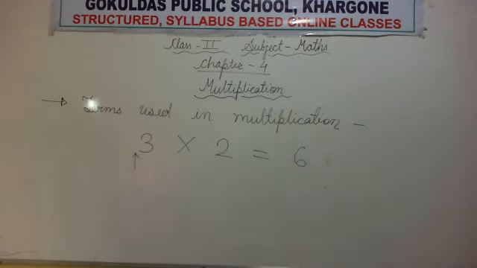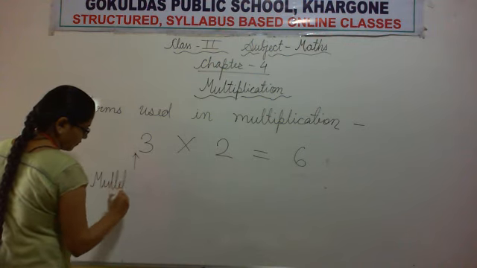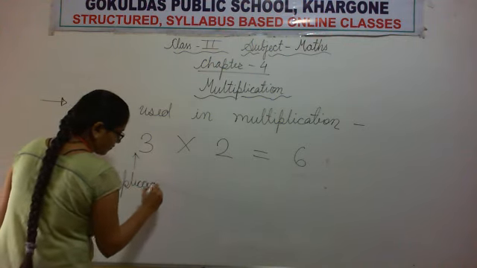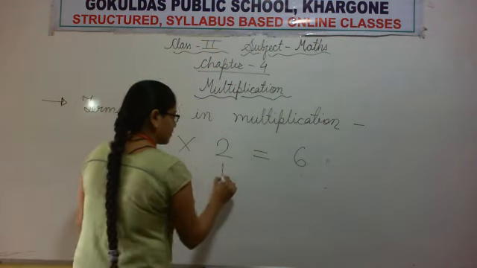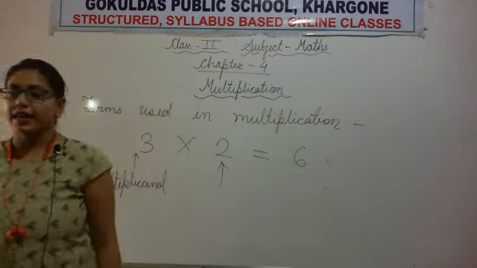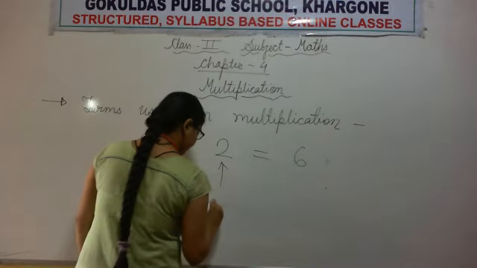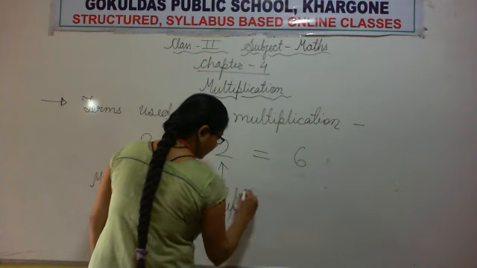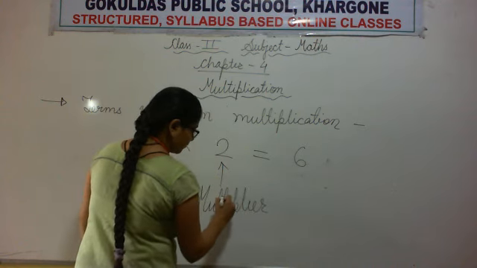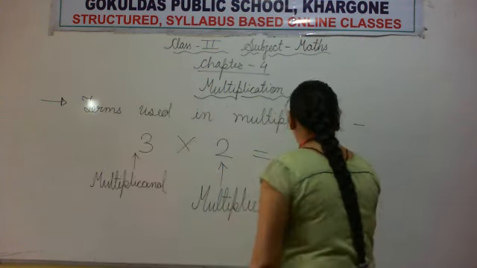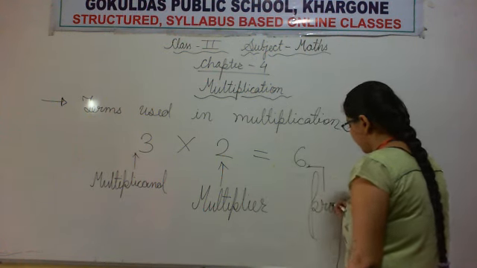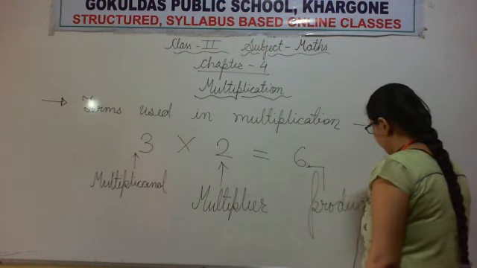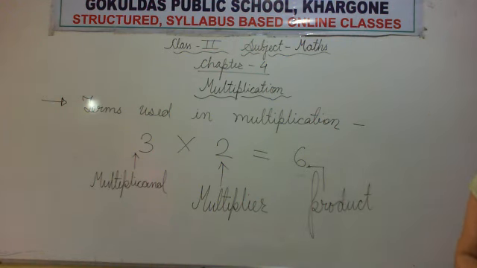This we call the multiplicand. This we call the multiplier. And the result we call the product.